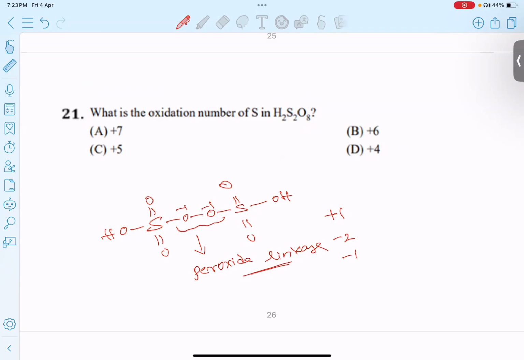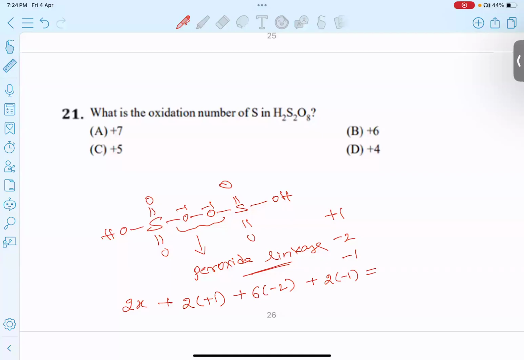To calculate the oxidation number of sulfur, let us assume it is x. There are two sulfur atoms, so 2x, plus 2 hydrogen atoms with oxidation state +1 each, plus 6 oxygen atoms with oxidation state -2, that is 6 into -2, plus 2 oxygen atoms in peroxide linkages with oxidation number -1.